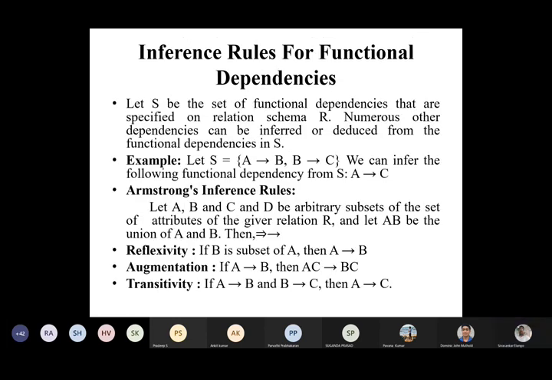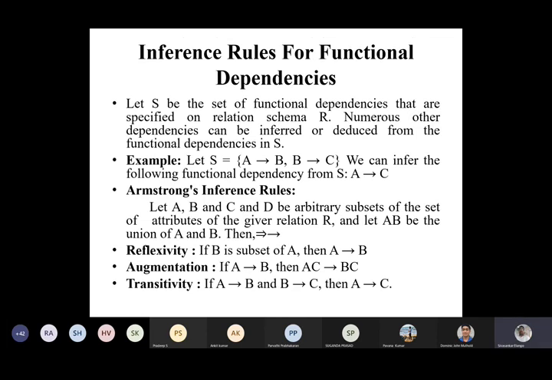So once we have this, we'll discuss the inference rules for functional dependency. Given some rules, you'll be able to create some additional rules by using the Armstrong inference rule, right?